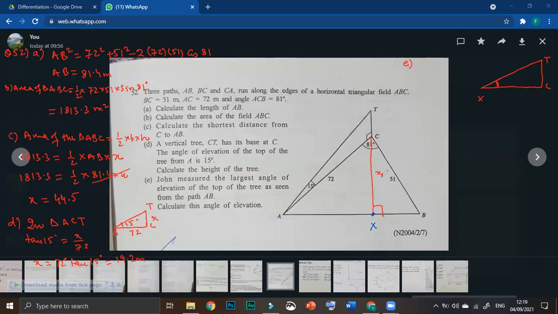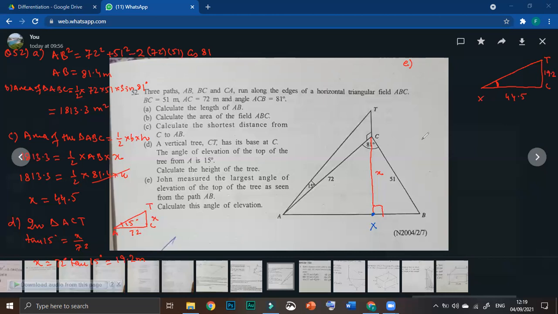XC is 44.5. TC, the height of the tree, is 19.2. We want to find this angle.